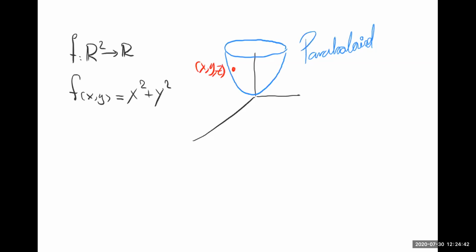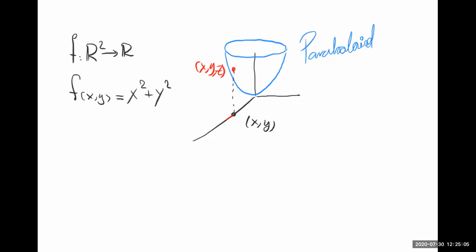In the previous case, we said that the geometric meaning of the derivative is the slope of the tangent line. But here you can ask which tangent line? Well, if xy is a point, say here, there are two interesting tangent lines.